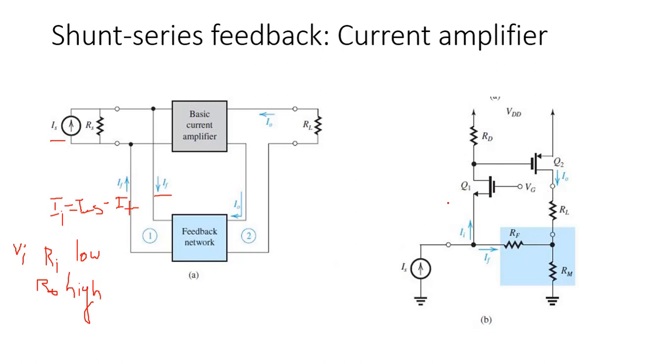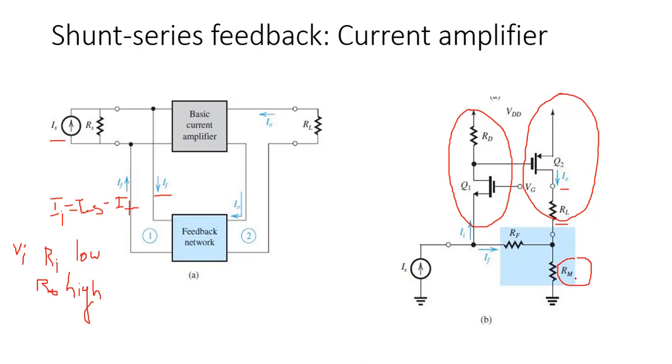This is the diagram of the current amplifier. Here it utilizes the CG stage at the Q1 MOSFET and the CS stage at the Q2 MOSFET. The output current I0 is fed to the load resistance RL. Then a sample of output current I0 is obtained by placing a large resistance Rm in series with the load resistance RL.